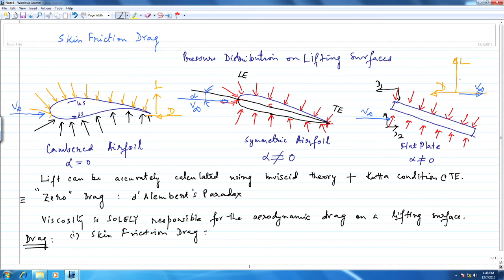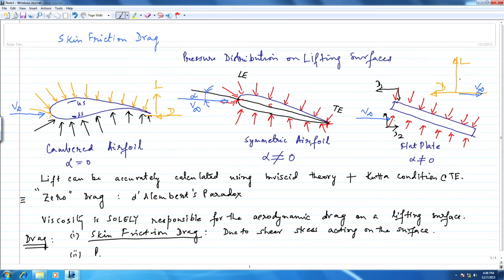This is due to the shear stress acting on the surface.